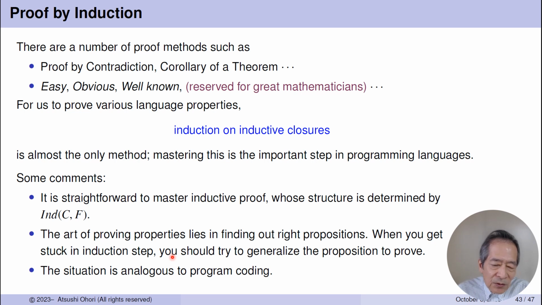So the usual strategy to get out of this difficult situation is to try to generalize the proposition to prove. It's a very general strategy, and there is no systematic method to show interesting properties of a set of languages. So this is the reality.